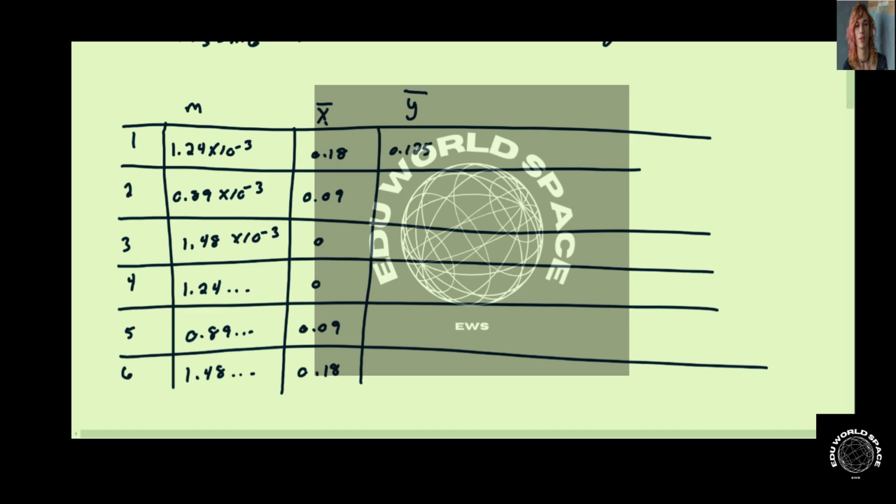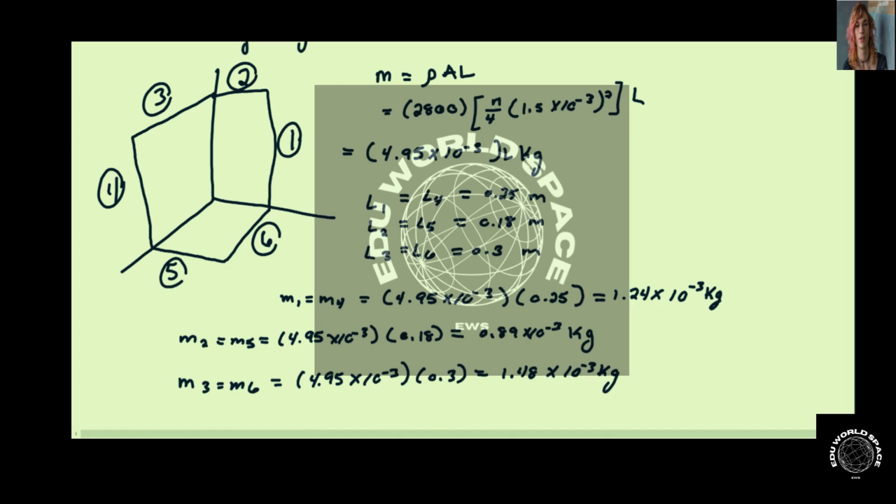There we go: 0.25, 0.25, 0.125. And we have Z, so it's going to be 0, 0, 0.15, 0.3, 0.3, 0.15. You can easily see that just by what these are touching.